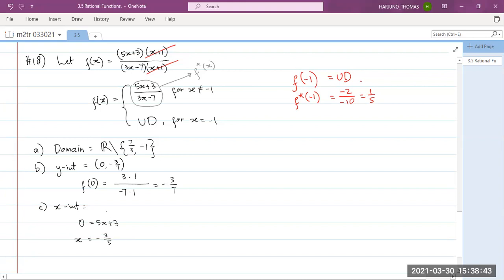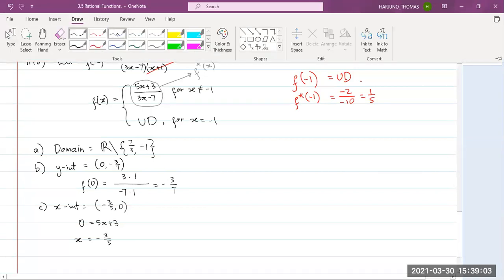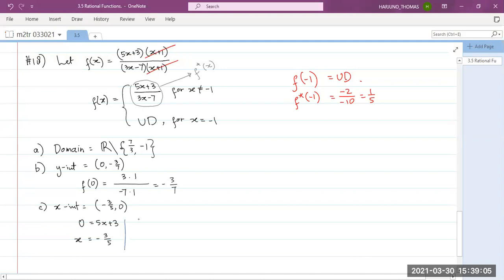And -3/5 is in the domain, right? So the x-intercept will be (-3/5, 0). Here I used the numerator of the simplified version, but you can actually use the numerator of the original version.